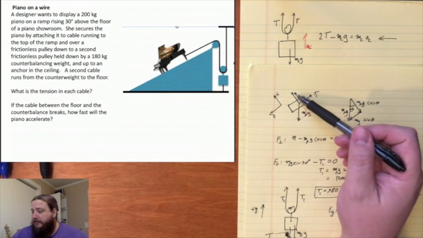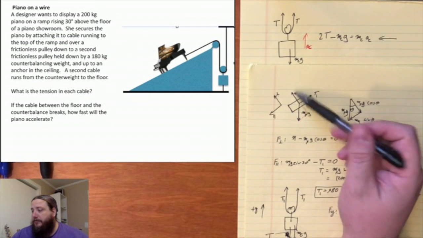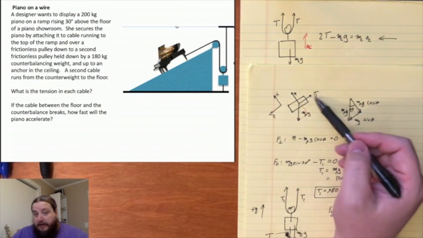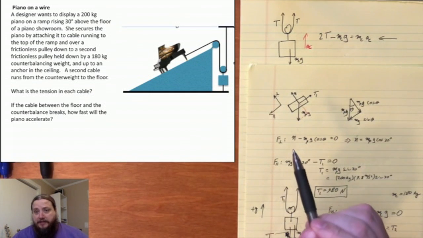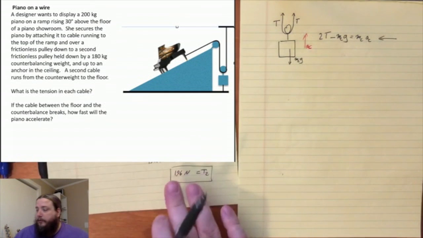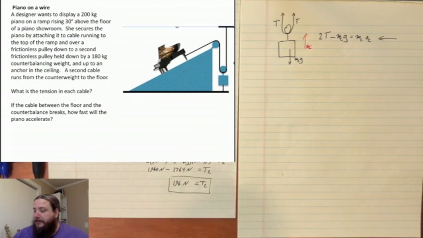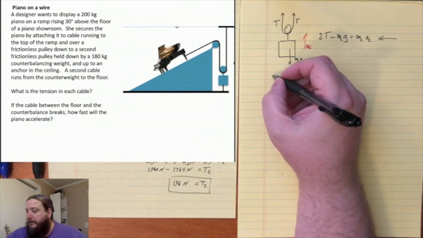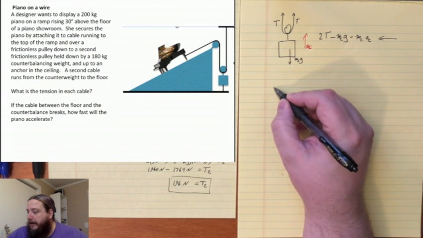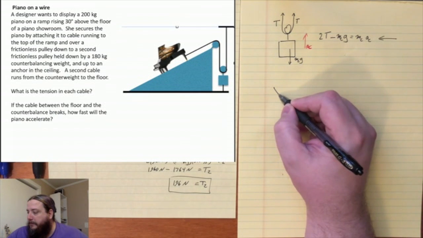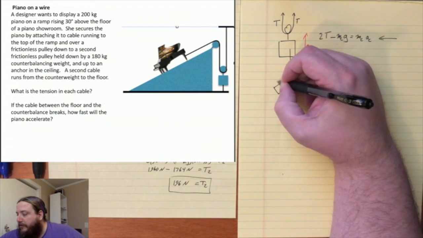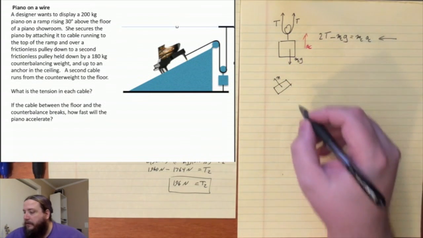We still have gravity going downwards, a normal force going this way, and a tension force going that way. The value of the tension force may have changed, but nothing else has. And so our force balance equations, we're still going to keep that same perpendicular and parallel.